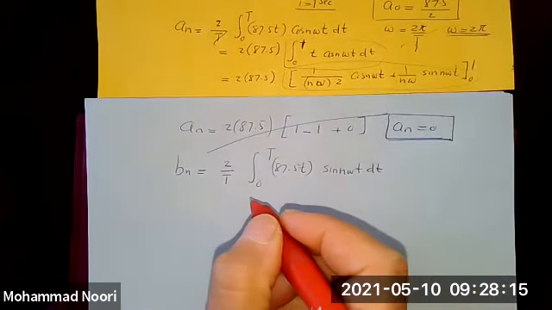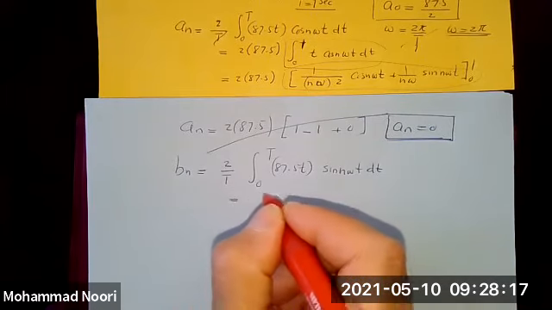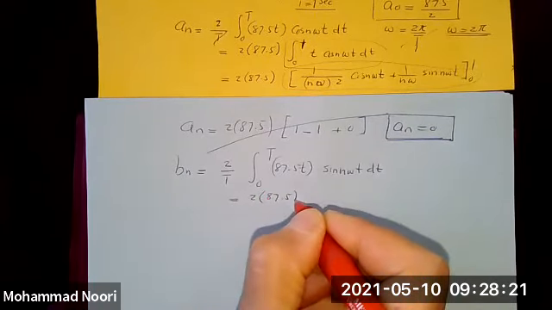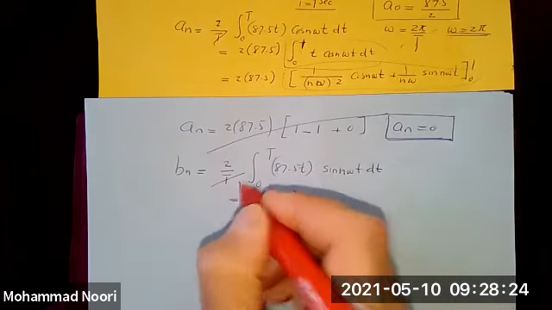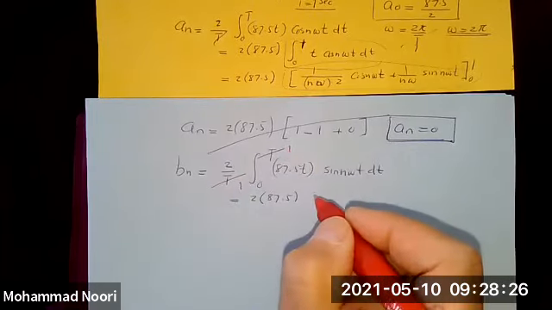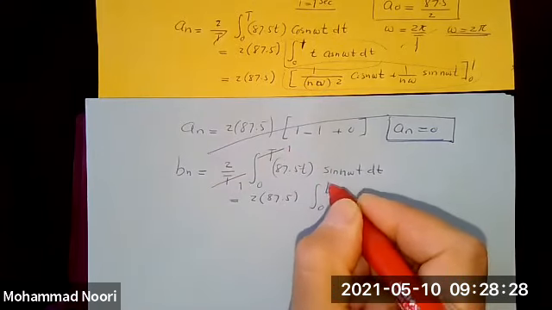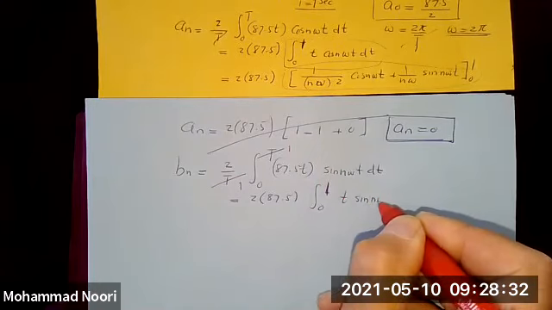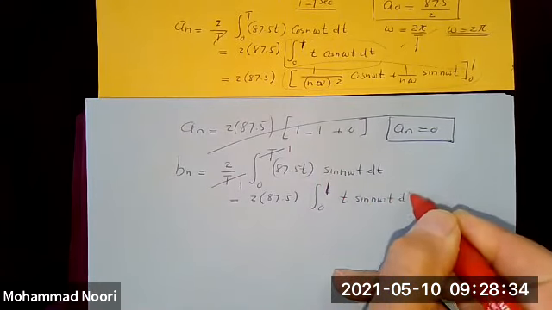And that would be what? 2, again, times 87.5 comes out. T is 1. Integral from 0 to 1 of t sine n omega t dt.